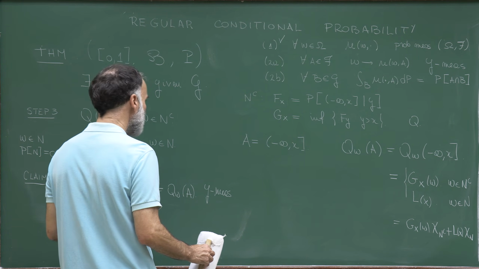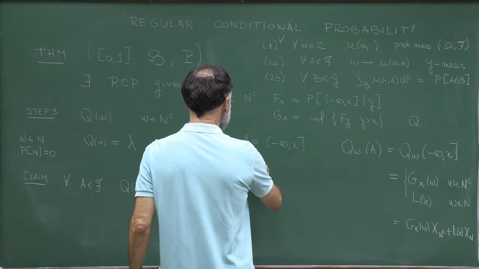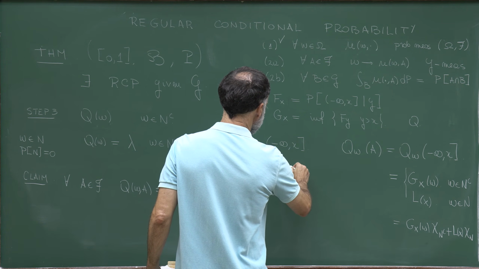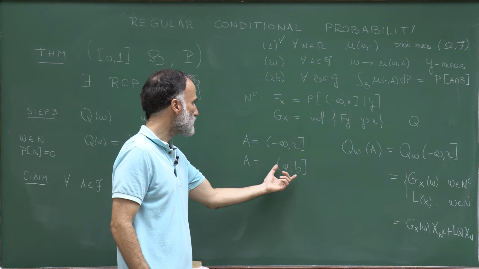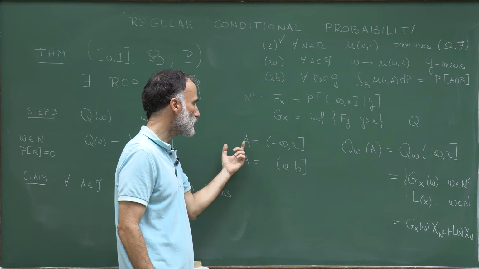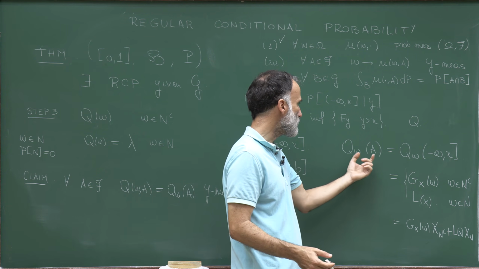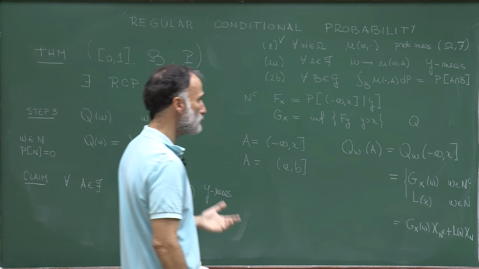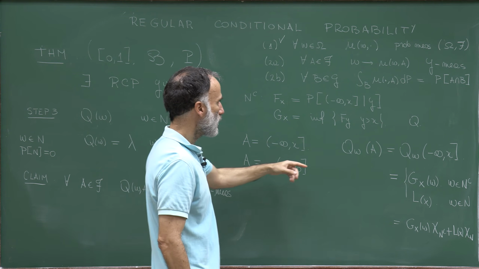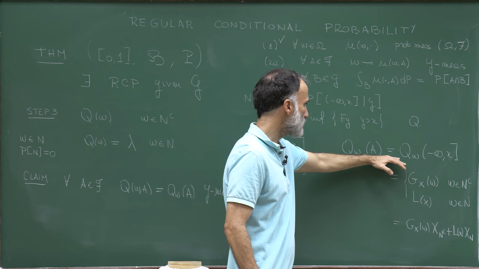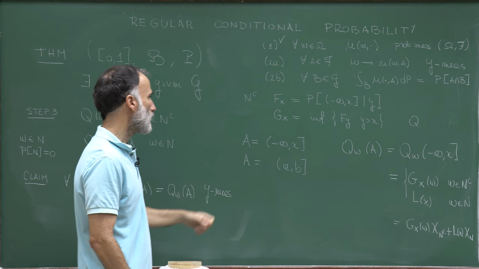Now, by linearity, we can go to a set A which is of the form AB. Right? By writing this set as this set minus another set of the same type, and using that the measure of A minus B is equal to the measure of A minus the measure of B if B is contained in A, we can extend this property, the fact that it's G measurable, to that set.